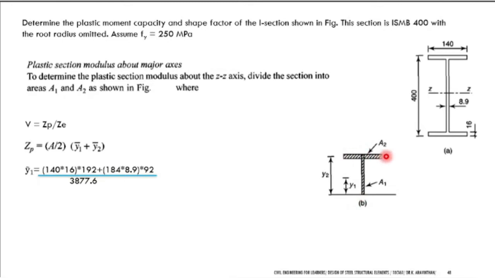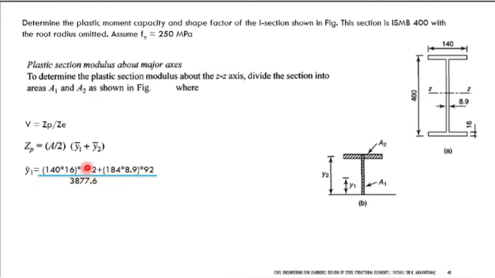It has a depth of 16 mm, so it will be at 8 mm. The centroid of a rectangle is at half of the depth. So for a depth of 16 mm, half is 8 mm. From the axis, if you want to calculate, the total distance is 184 plus the 8 mm.